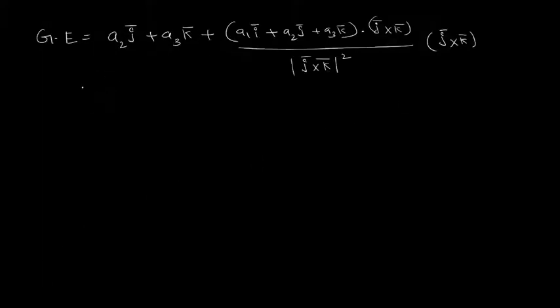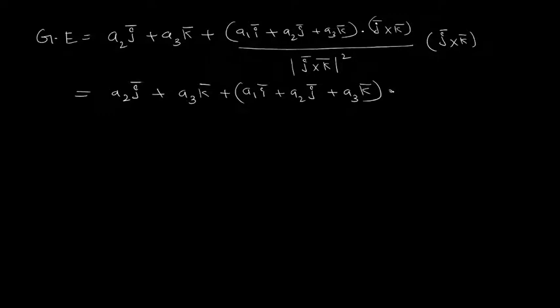Now simplify this: A2 J bar plus A3 K bar plus A1 I bar plus A2 J bar plus A3 K bar dot J bar cross K bar, which is I bar. Same denominator also: modulus of I bar whole square, into J bar cross K bar, which is I bar.